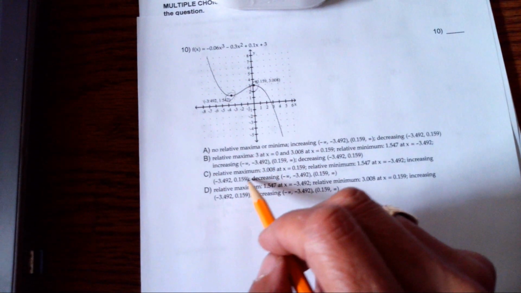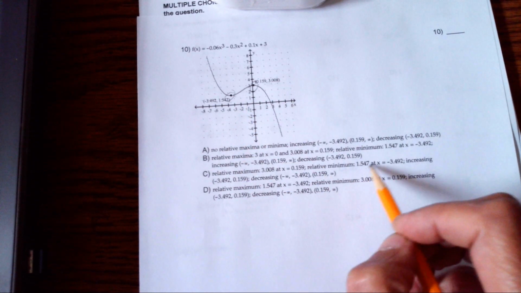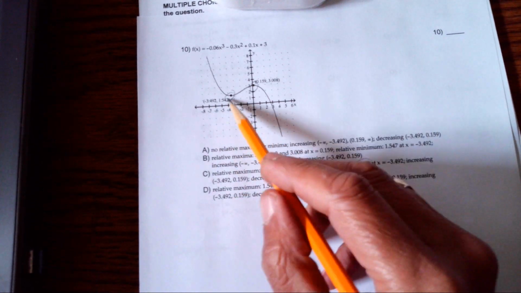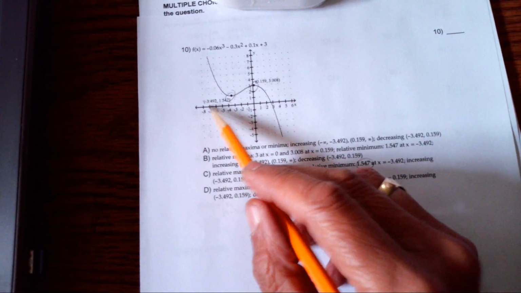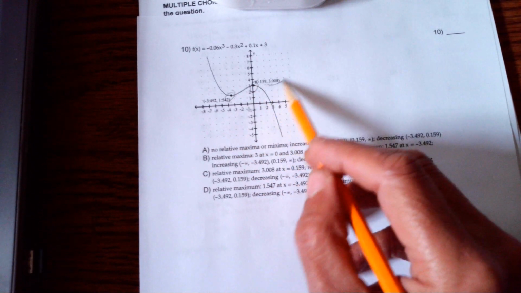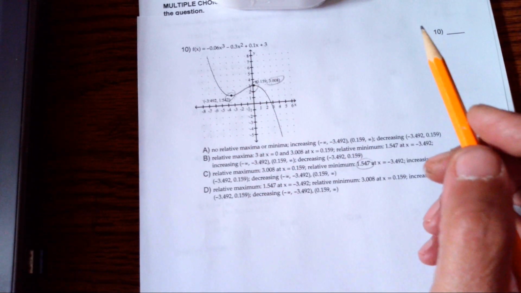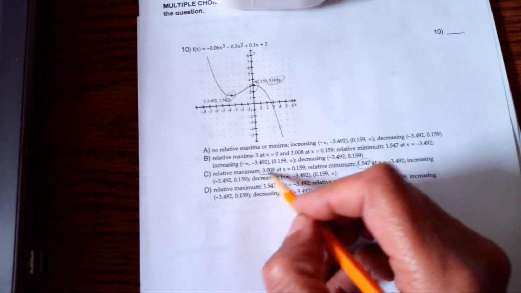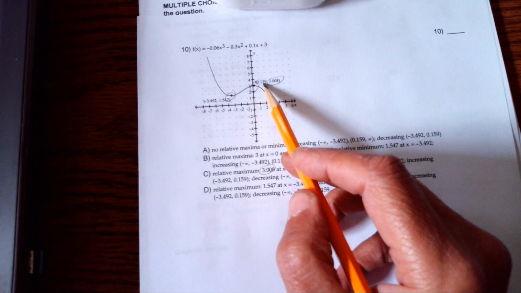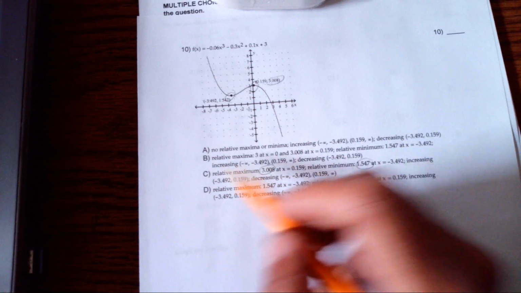I'm looking for a relative minimum. Well, right here, relative minimum, it happens at x equals 3 point. There it is. All right, there's my x value. There's the minimum point. Then I've got a maximum here at y equal 3.08. There it is, maximum at 3.008, and it happens when your x value is 0.159.